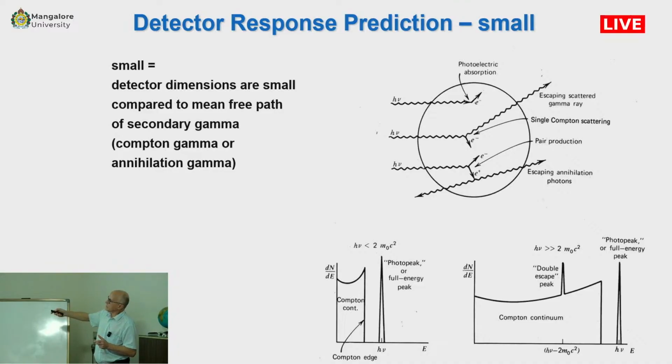In case of Compton scattering, it may happen that photons escape the detector, and what we are seeing is the Compton background. And the same thing holds for pair production. It may happen that the quite high energy electron and positron may go out.